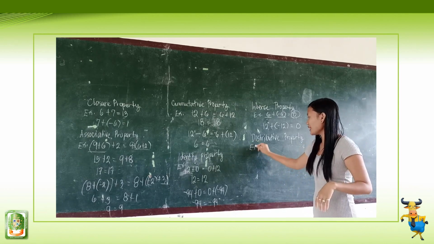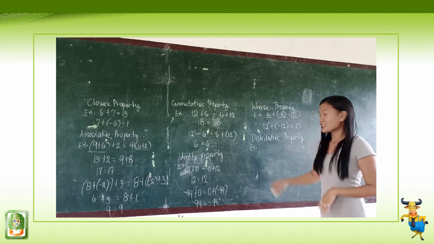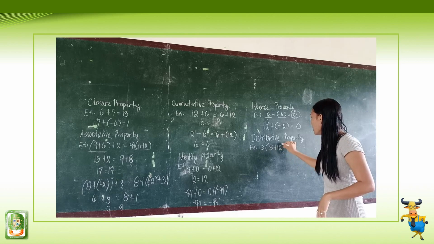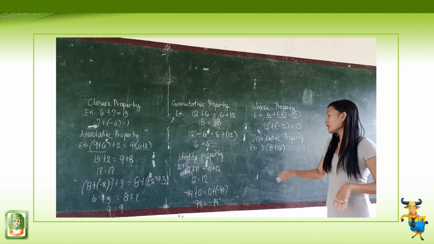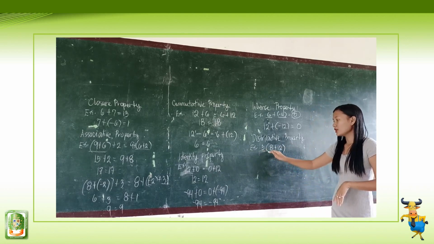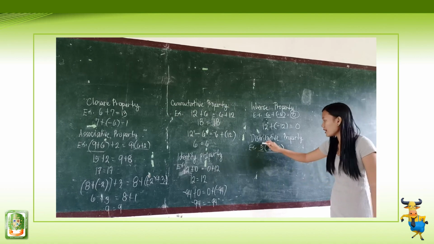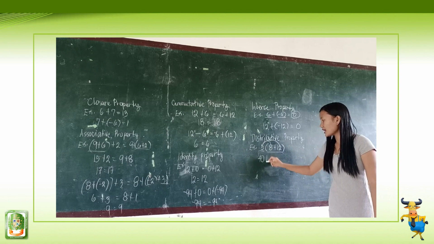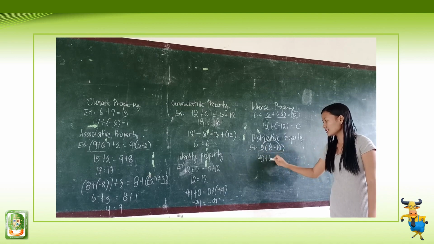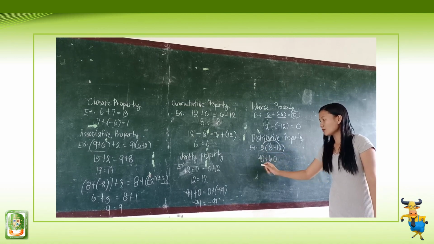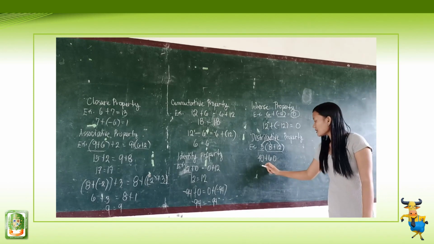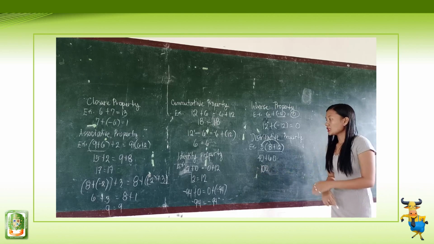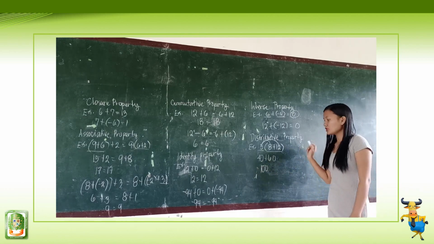This is the example in distributive property: 5 times the quantity 8 plus 12. So in distributive property, we can distribute 5 to this. So 5 times 8 is 40. Next is plus 5 times 12 is 60. So we have 40 plus 60 equals 100. So, this is an example of distributive property.